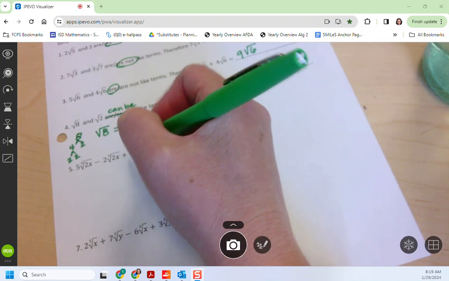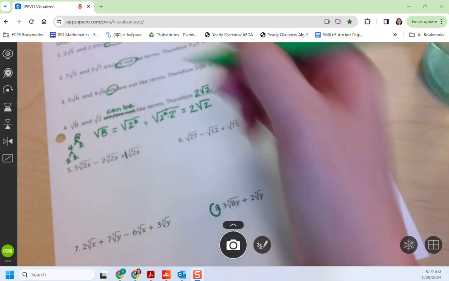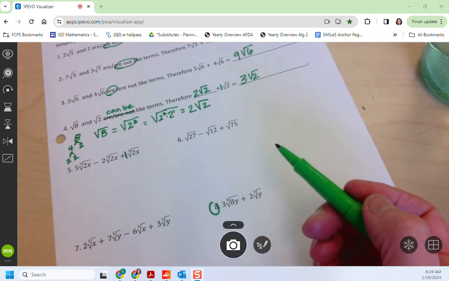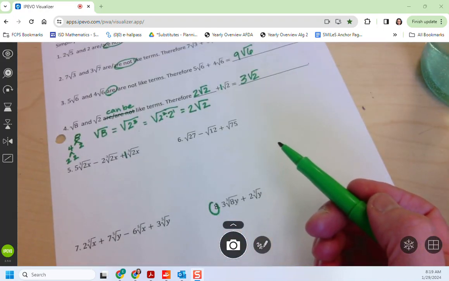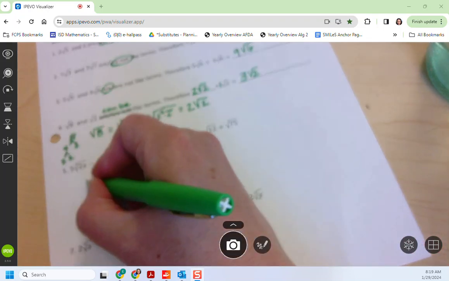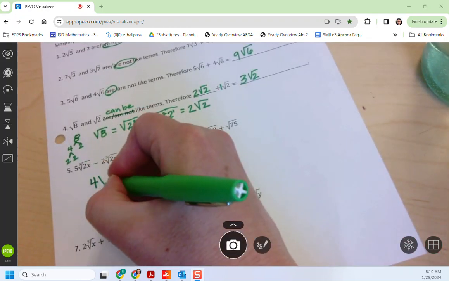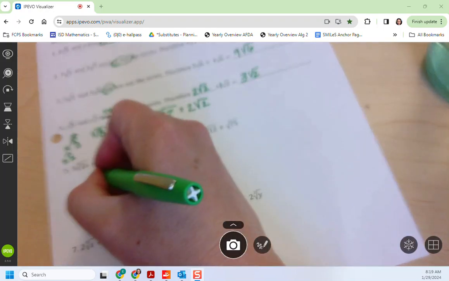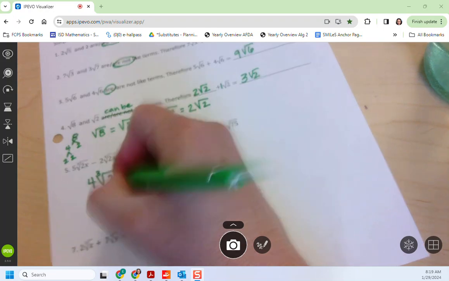Yes, it's going to be a coefficient of 1. So 5 minus 2 plus 1. Combine those. Did you guys get 4? Yeah. Okay. So 4. And I still have cube root 2x.